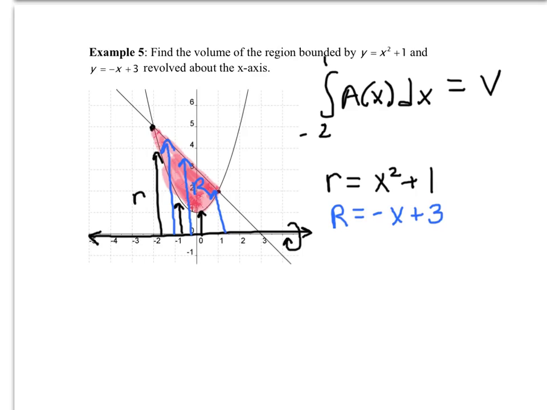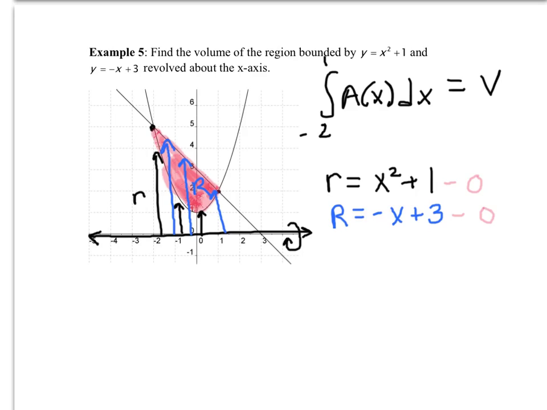So you could subtract out that 0 just to be consistent if you want to get comfortable with the top minus bottom idea. For my little r, the top of that radius was x squared plus 1, and the bottom was just the line y equals 0. I don't know if that helps or confuses you. If you weren't confused before and you are now, just forget everything I said, okay?